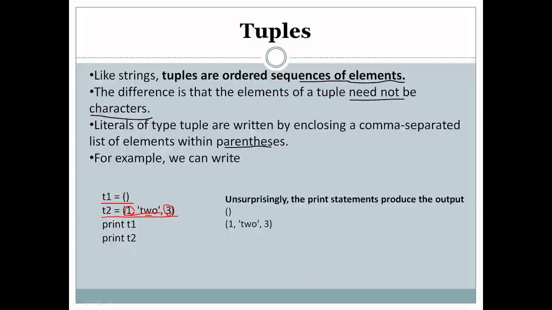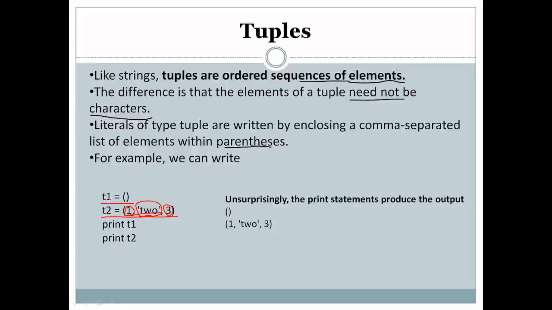But the second one has been enclosed in single quotes, which means the second element is of type string. So a tuple, as I've said, may contain elements of any type: int, float, or even string.